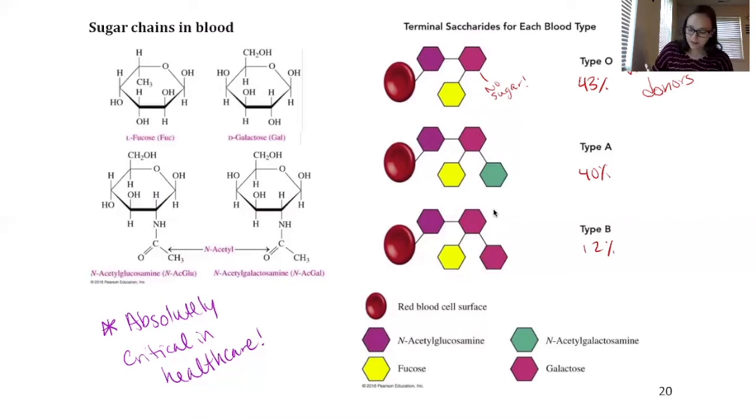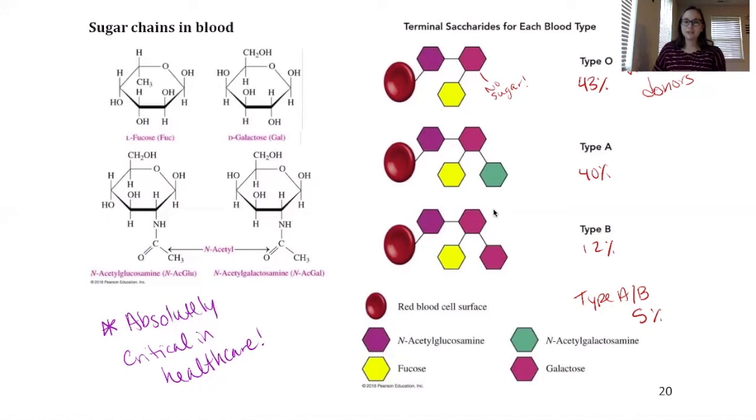Additionally, there's type AB, which I believe means you have a mix of both of those different kinds of terminal sugars on the one blood cell, and that's about 5%. Type AB are universal acceptors or receivers. They can take any other kind of blood type.